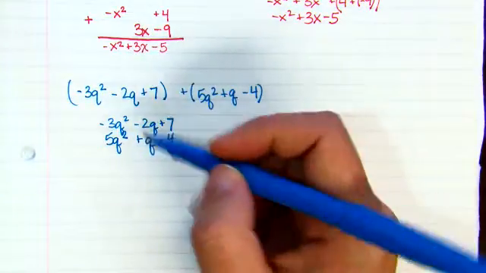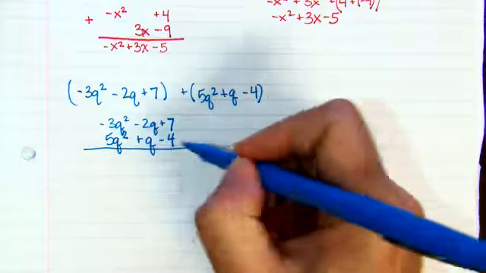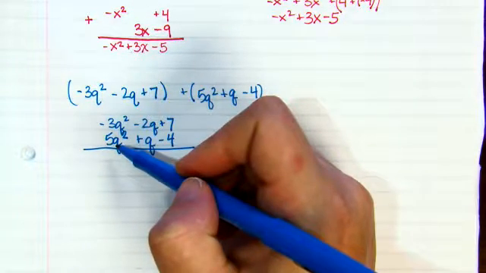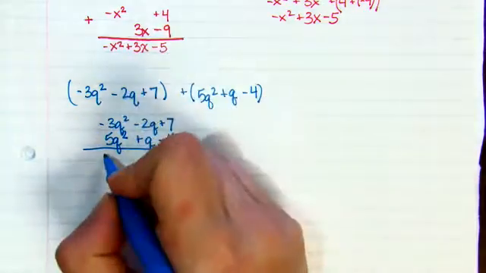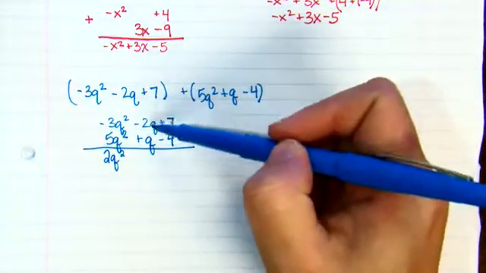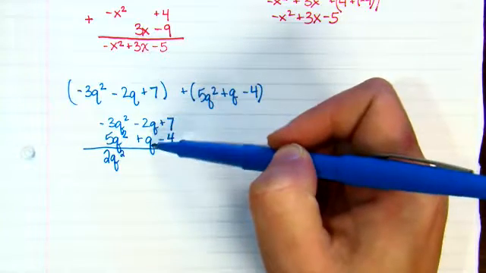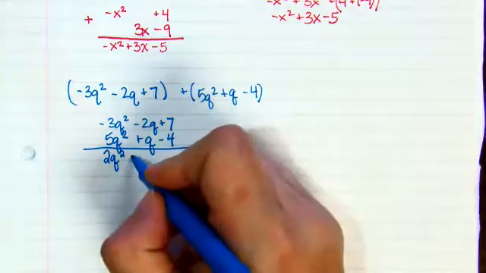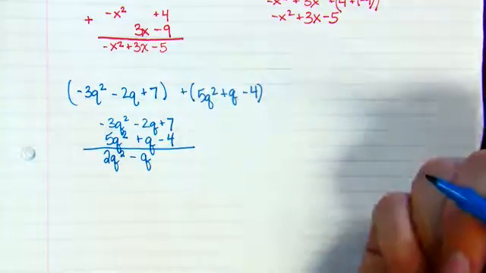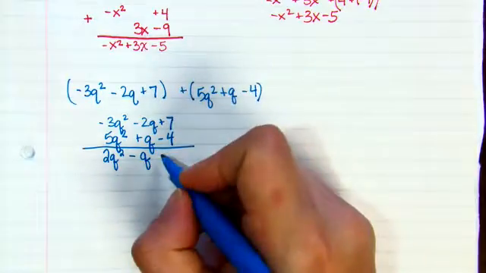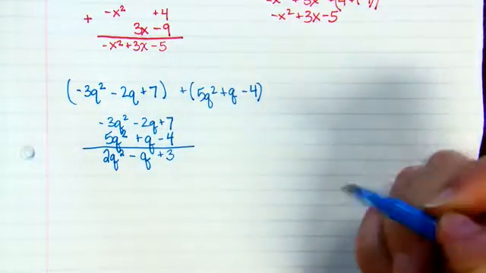So then as I do this, I have a negative 3q squared and a positive 5q squared. So together that's going to make a positive 2q squared. Here I have a negative 2q and a positive q, so that's going to make a negative 1q, or just subtracting q. And then a 7 and a negative 4 make a positive 3 together.